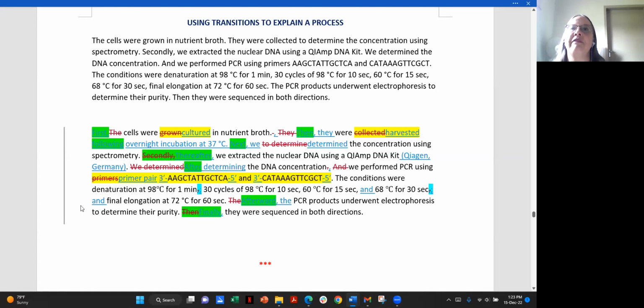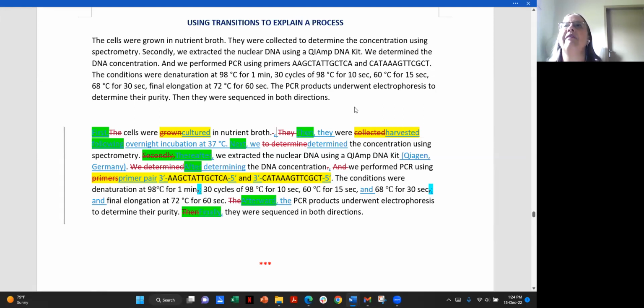And then we've moved on to the final step of PCR, which is a final elongation at 72 degrees centigrade for 60 seconds. Then another transition here. Instead of saying the PCR products underwent electrophoresis, I've changed it to afterward, because you've just performed PCR, so you can say afterward. And the last thing that happened here was finally they were sequenced in both directions.